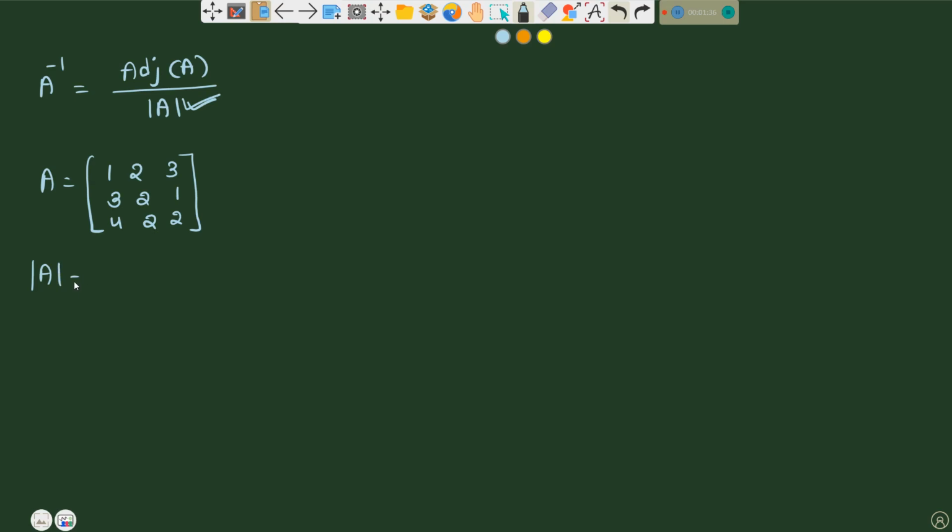So determinant of A is 1 2 3, 3 2 1, 4 2 2. Now plus minus plus, first you have to write down these signs, correct? 1 open bracket, minus 2 open bracket, plus 3 open bracket.